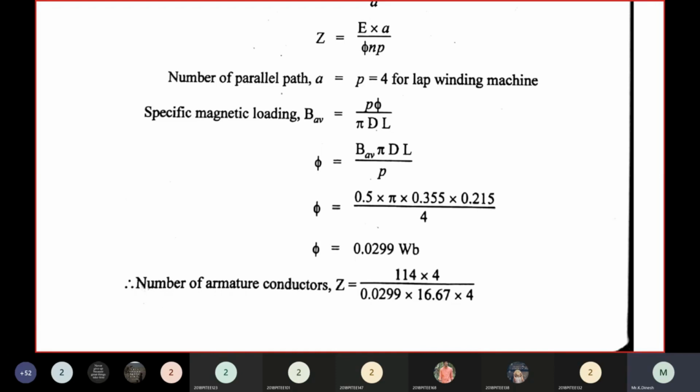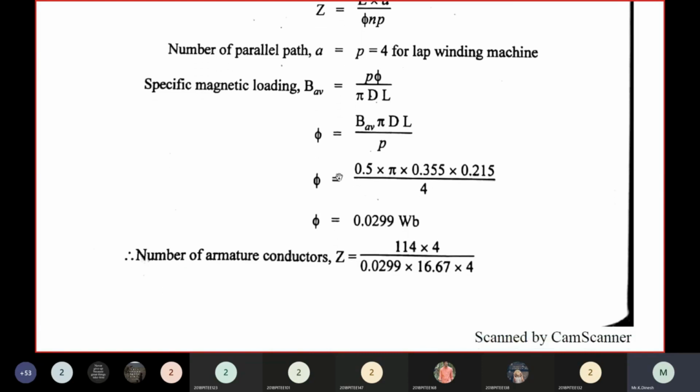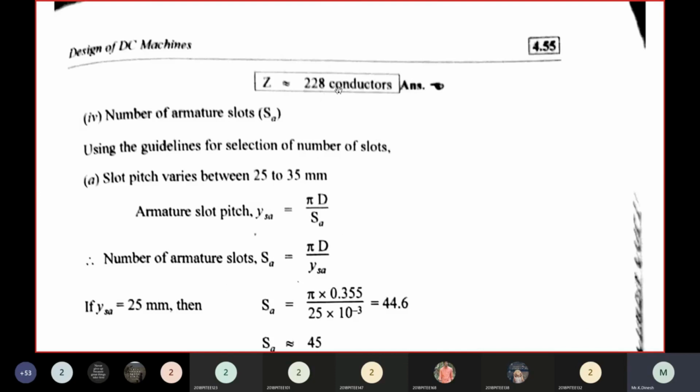So I am getting 228.7. உங்களுக்கு என்ன கிடைக்குது? The armature conductors I am getting as 228.7. So I am approximating to 228 because we don't consider the 229 value.